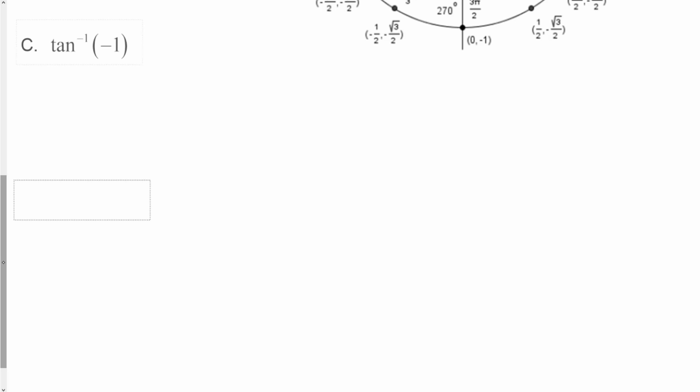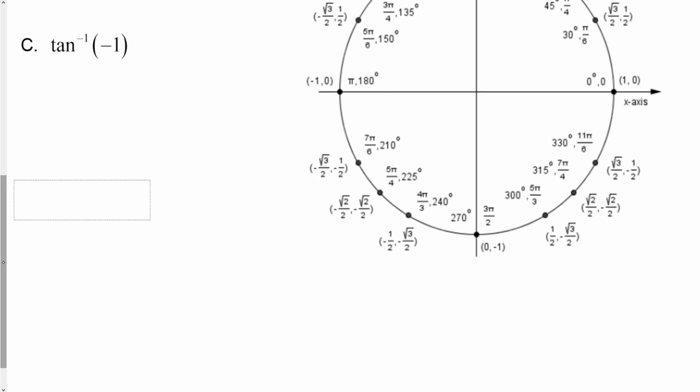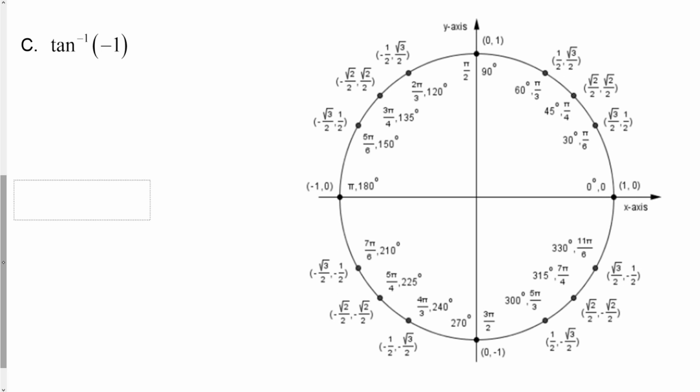For C, I want to find the arctangent of -1, and I'm just going to pull my unit circle down here so I can still see it. Arctangent, like sine, has answers in either quadrant 1 or quadrant 4.